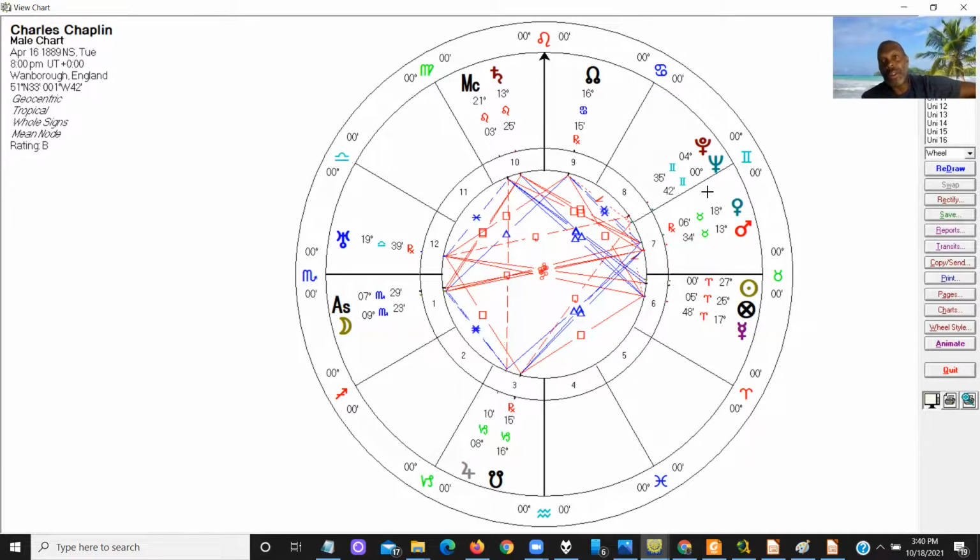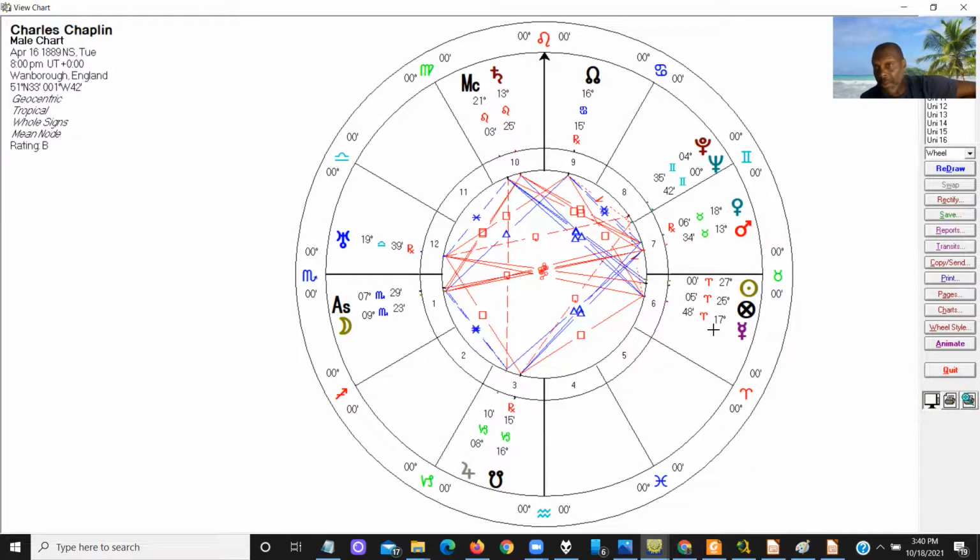So anything going on with Gemini? No. Anything going on with Cancer? No. Saturn, Mercury is in disregard to Saturn, right? Because Mercury is faster and Mercury is at a higher degree than Saturn. What about the others? Aquarius, no. He's in disregard to Jupiter in Capricorn and nothing in Sagittarius.